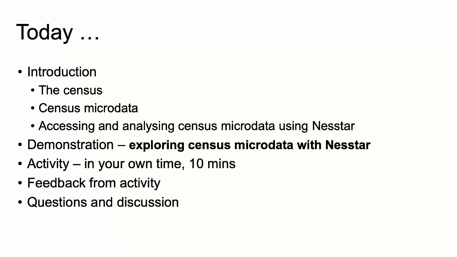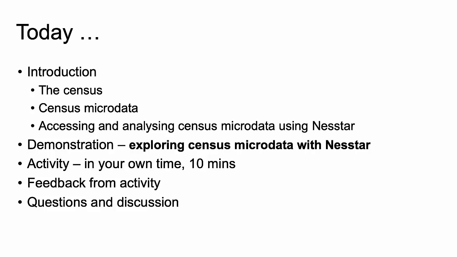So just as an overview of today's session, this is what we're going to be covering. First, we're going to introduce the census just briefly, and then talk more specifically about census microdata. Then we're going to look at the issues and how you access and analyse census microdata generally and using Nesstar.